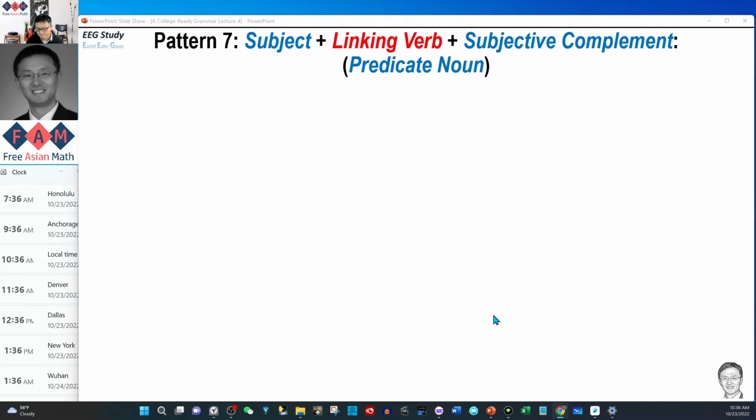Here, pattern number 7 is similar to pattern number 2 because we replace the be verb with a linking verb. Okay?